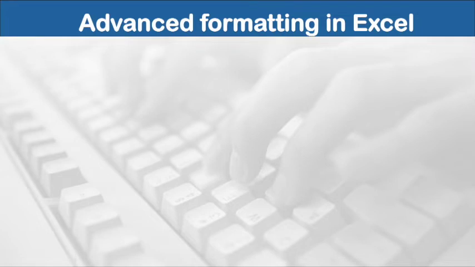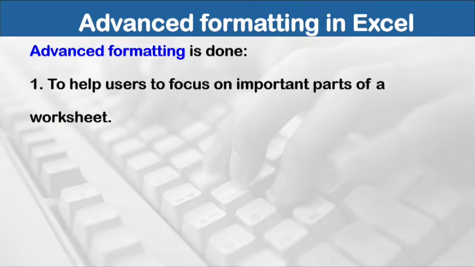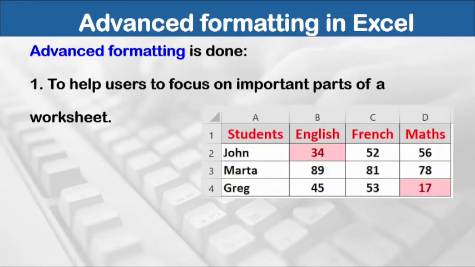Now let us see why advanced formatting is done in Excel. We perform advanced formatting to help users to focus on important parts of a worksheet. The following worksheet contains marks and the pass mark is 40. All cells having marks less than 40 have been highlighted.